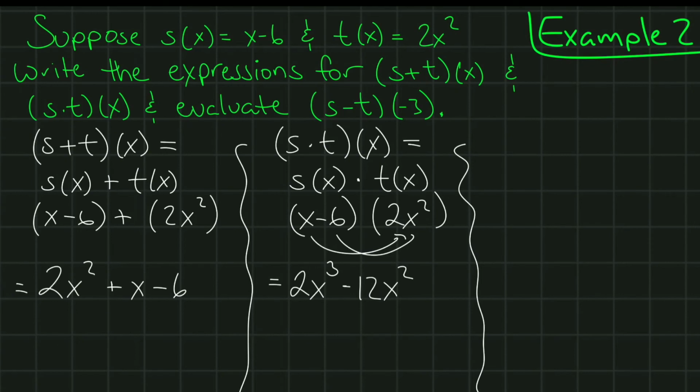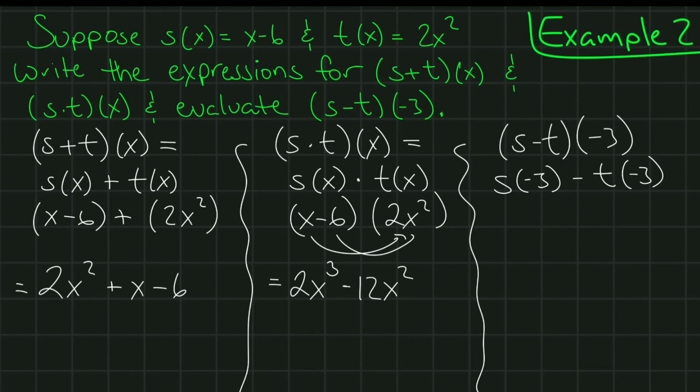And then for our evaluation, we have s minus t of negative 3. Our negative 3 is going to be taking the place of the x in both of these functions. We have s of negative 3 subtract t of negative 3. All we're going to do is plug in the negative 3 for the x.